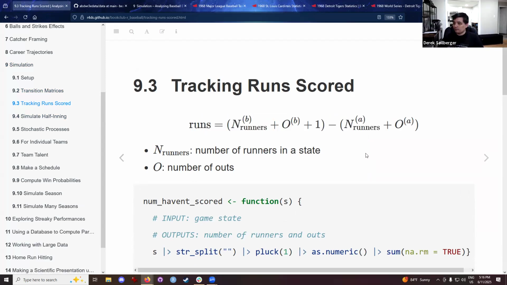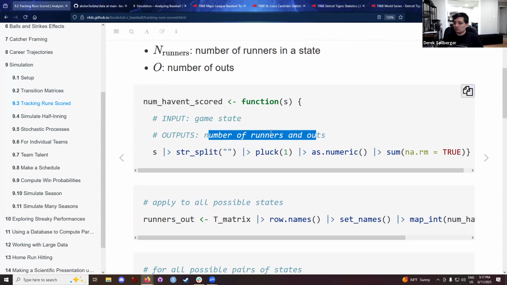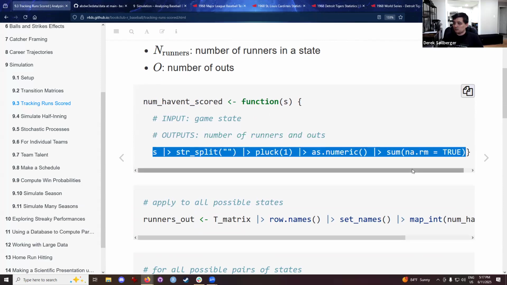So we have a formula for the number of runs scored based on the base runners and number of outs. We'll make a helper function, the number of runners that haven't scored, input a game state, and output the number of runners and outs. So a bit of data wrangling there.